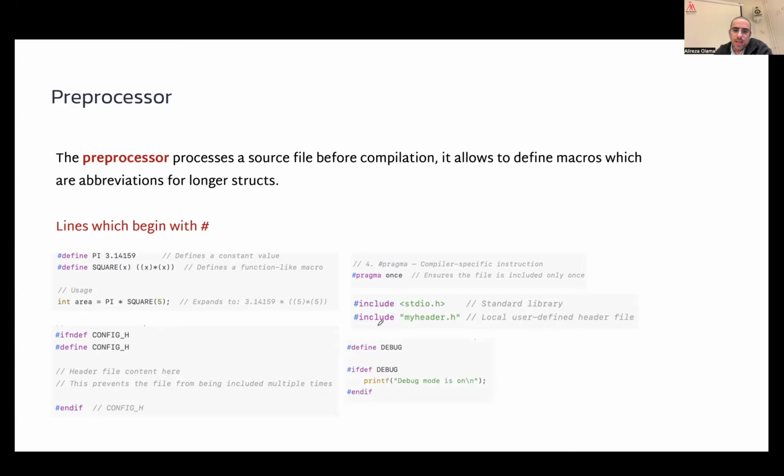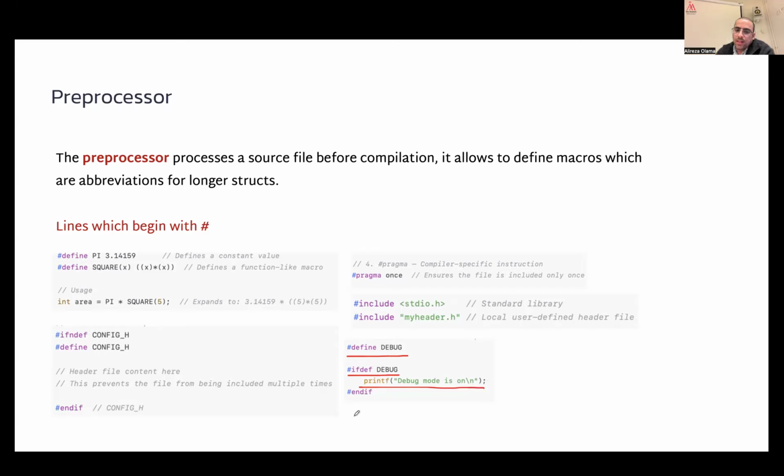Okay. And then there are some idioms now that I can show you. For example, you can define a debug preprocessor here, and then based on that debug, you can change the compilation flow. If the debug macro was defined, then you want to print something, otherwise you don't want to do that.